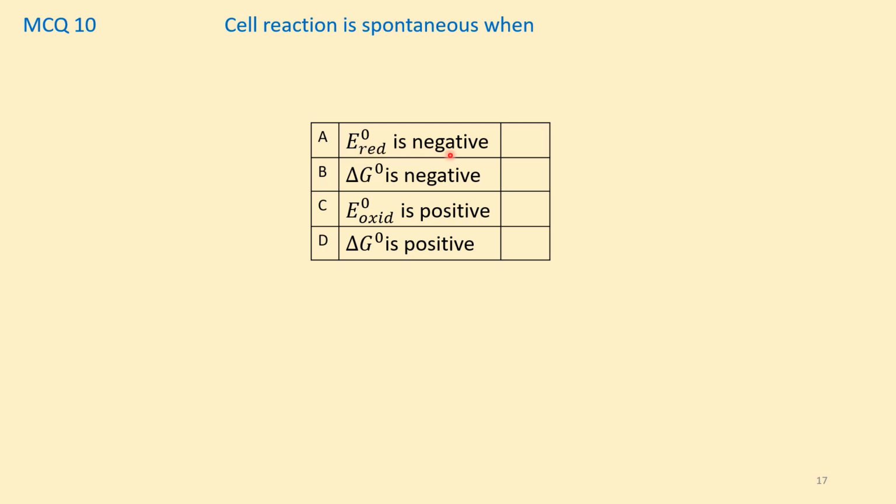E naught red is negative, delta G naught is negative, E naught oxidation is positive, and delta G naught is positive. Please read the question and remember and mark the correct answer as B. So a reaction is spontaneous when delta G naught is negative. Free Gibbs energy change.